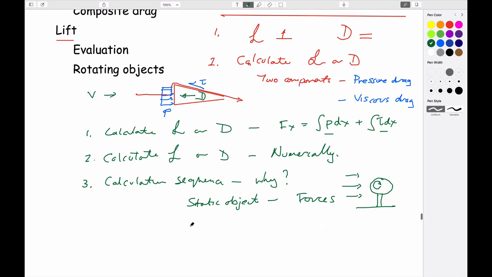And the other option would be to calculate freefall velocities. So that would be, for instance, if you're parachuting, and this would just be that the sum of forces in this system are equal to 0.